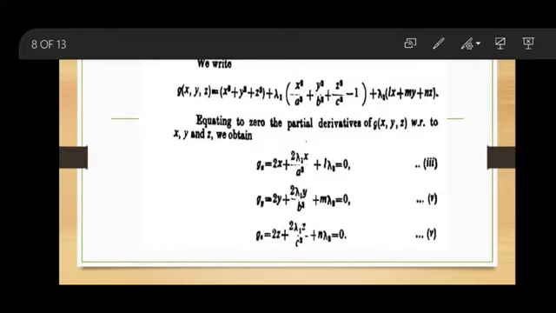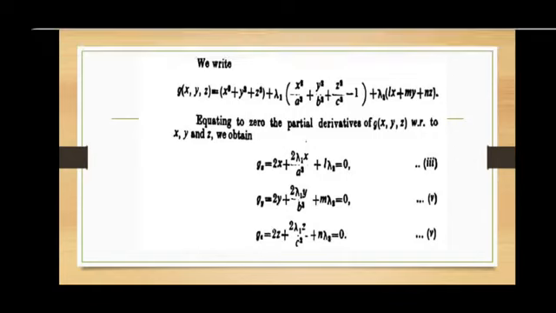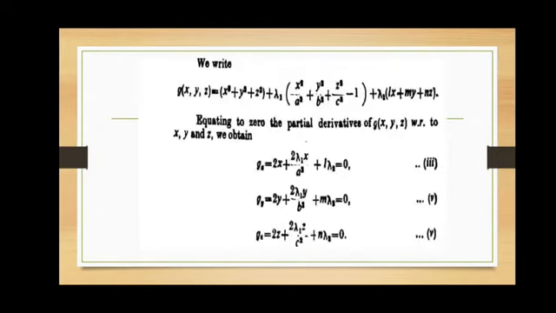Just as in the previous problem, we take a function. If we observe this problem, we have two subsidiary conditions, so we take two Lagrange's multipliers, let us take them as lambda 1 and lambda 2.